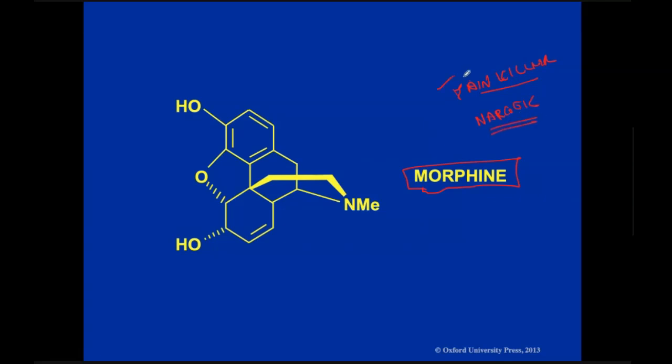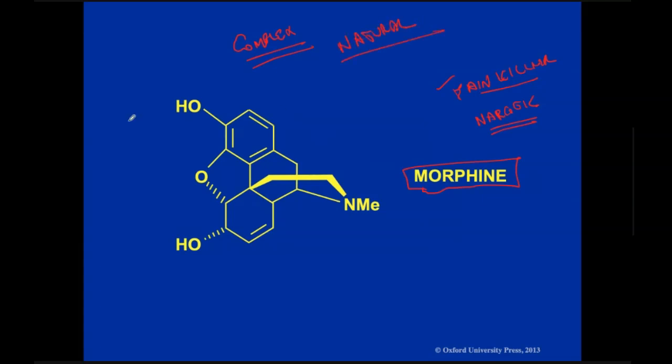So if we take the analgesic, pain-killing activity of morphine, we know that this structure is actually a complex structure. An interesting thing is that this molecule is derived from some natural source.